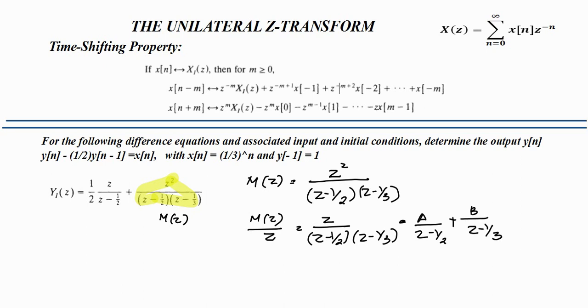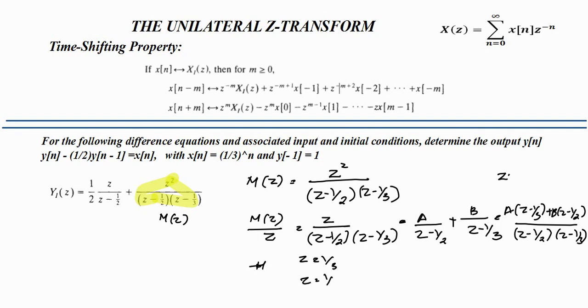After simplification, if you take the LCM, it becomes A into z minus 1 by 3 plus B into z minus 1 by 2, and the denominator will be z minus 1 by 2 into z minus 1 by 3. Now we substitute z is equal to 1 by 3 and z is equal to 1 by 2.